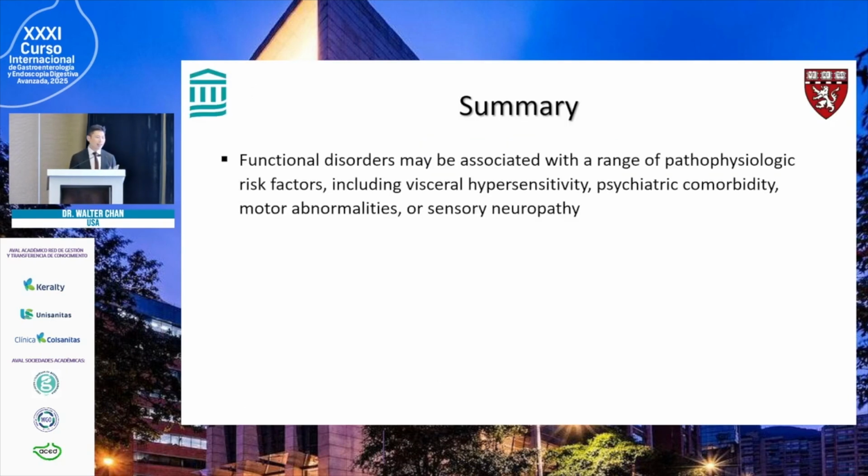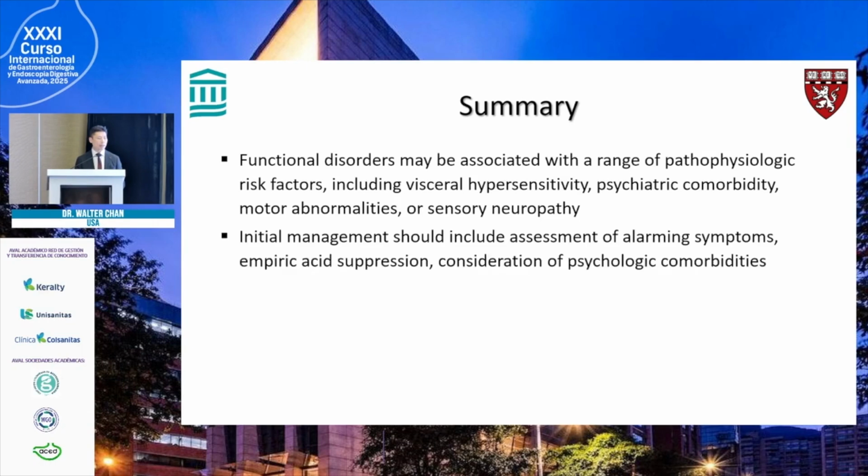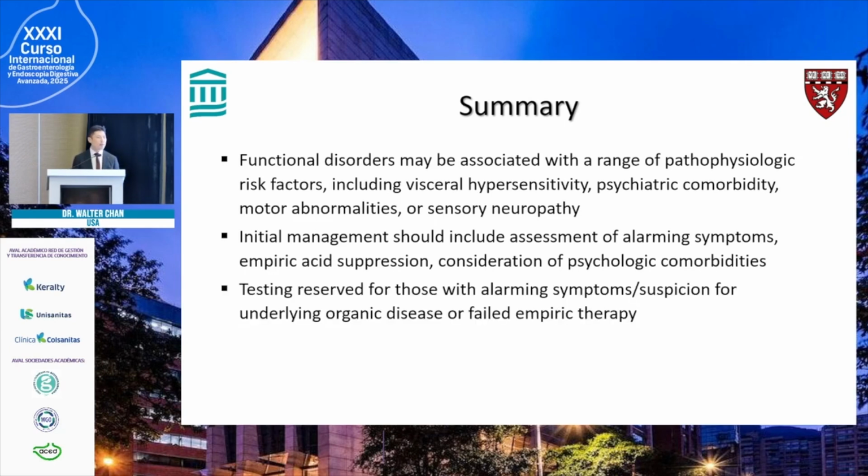So in summary, we know that functional disorder may be associated with a wide range of pathophysiologic risk factors that may include visceral hypersensitivity, psychiatric comorbidity, maybe some motor abnormalities or sensory neuropathy. Initial management really should include assessing for any alarming symptoms, maybe try an empiric trial of acid suppression, consider these psychological comorbidities and treating them.